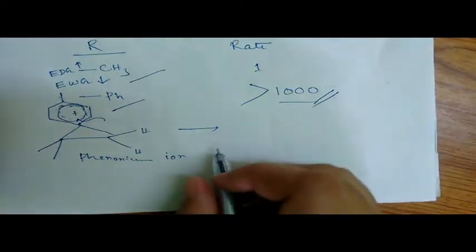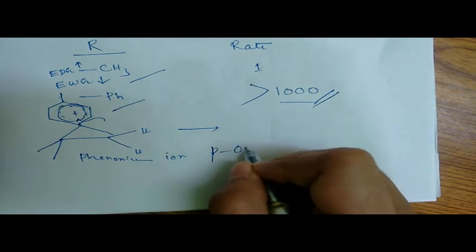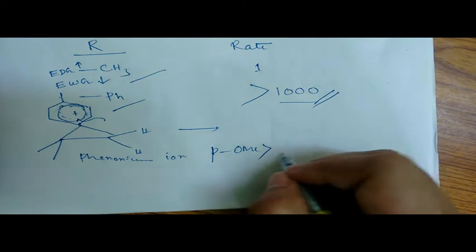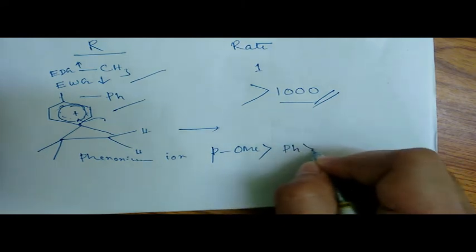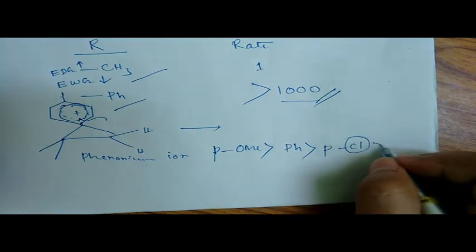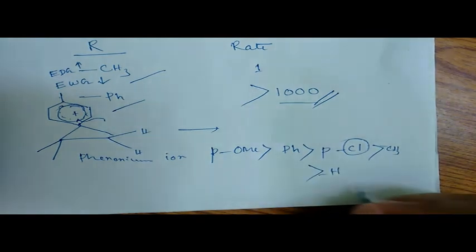So the order could be, if we have OMe in the para position, it will be fastest. Then a simple phenyl, then para-Cl, an electron withdrawing group, then come methyl and hydrogen. Okay.